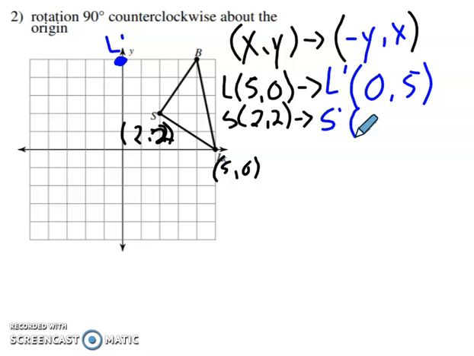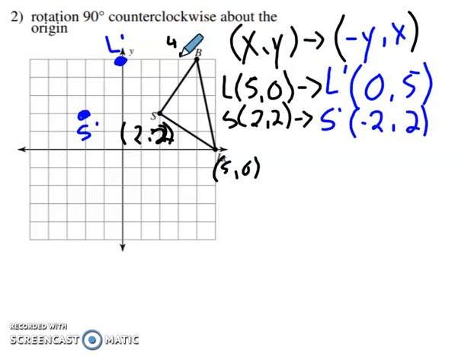Again, we switch the X and the Y, and for this one it's a little bit the same because they're the same number. And we take the opposite of what our Y value was. Well, our Y value was 2, so now it's negative 2. So we graph negative 2, comma 2. So that's S prime.